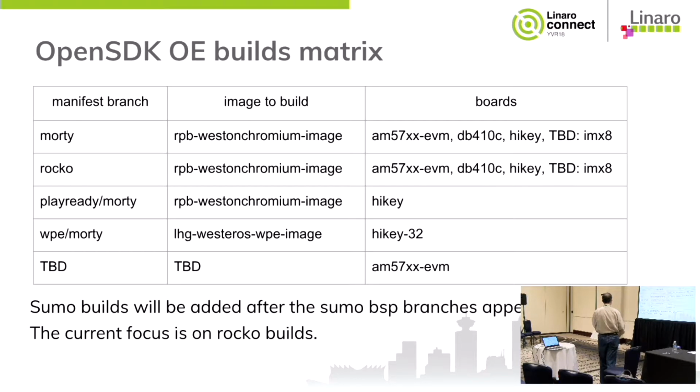This is the matrix of all the builds we are currently doing. We still actively use Thud release, and also there are Rocko builds and two other builds which stand separately.